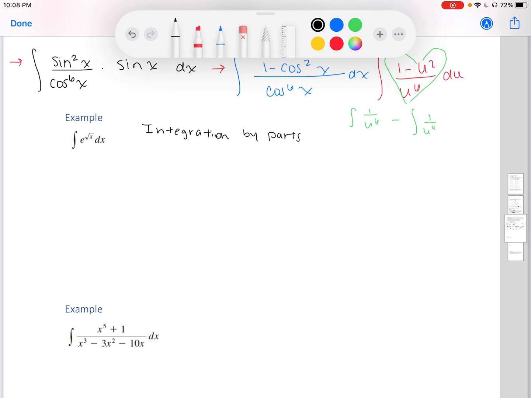For this one, you might want to use the tabular method, or you can use a definition as well, whichever you prefer.